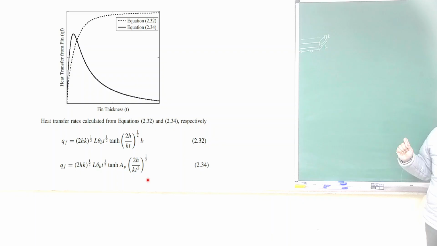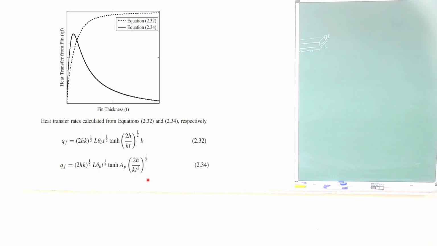Okay, and the second expression gives you a peak in heat transfer QF, and then it falls down, right? So the optimization is obviously possible for the second case. Second case is the profile area is prescribed.